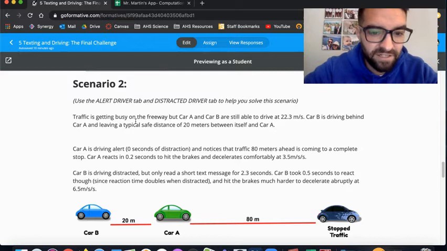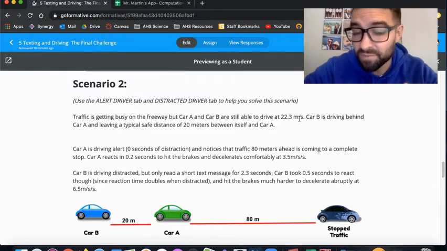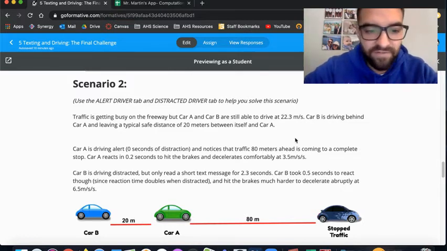Traffic is getting busy on the freeway, but car A and car B are still able to drive at 22.3 meters per second. It might sound like an odd number, but that's 55 miles per hour, so that's usually a normal speed limit. Car B is driving behind car A and leaving a typical safe distance of 20 meters between itself and car A.